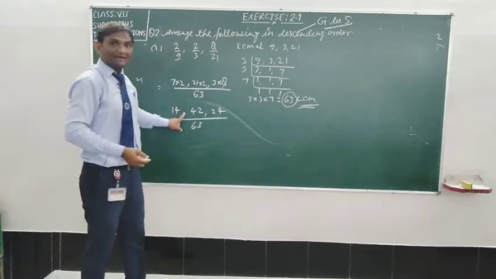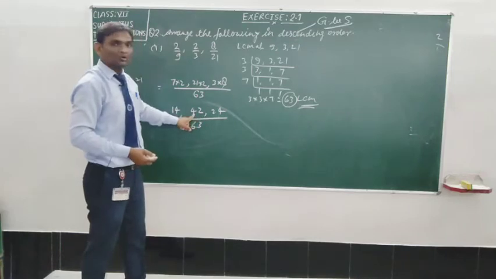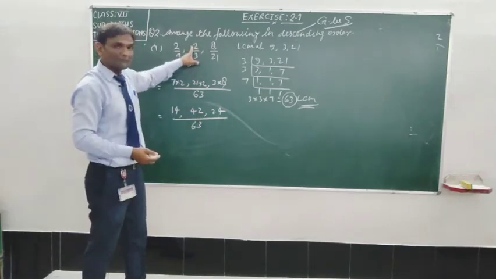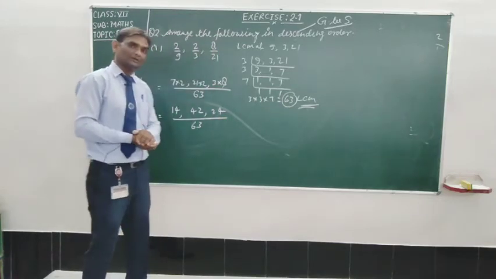Student, 14 has come in the place of 2 upon 9, 42 has come in the place of 2 upon 3, and 24 has come on the place of 8 upon 21.